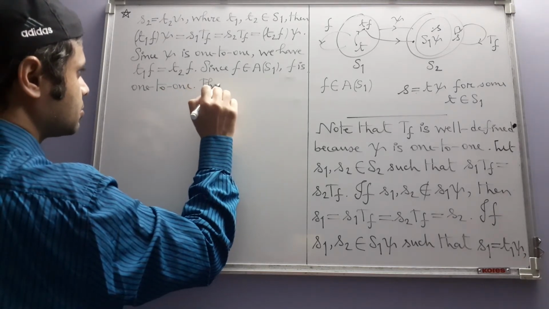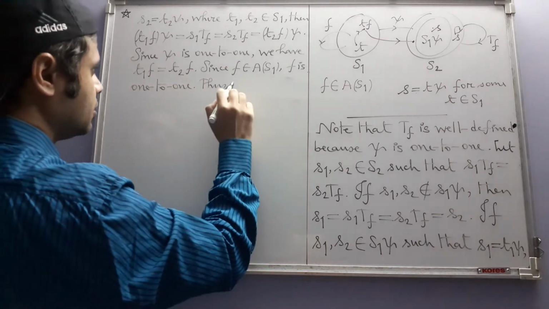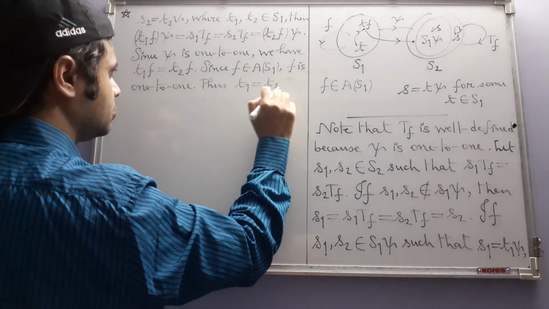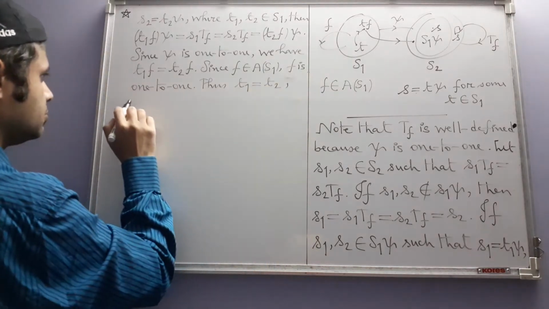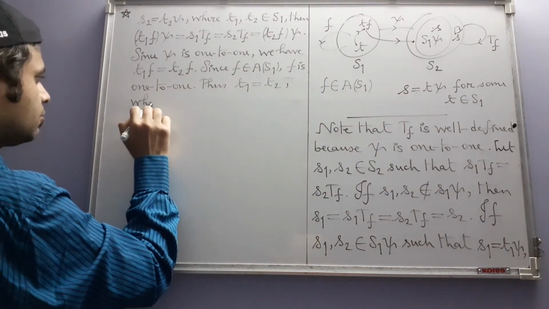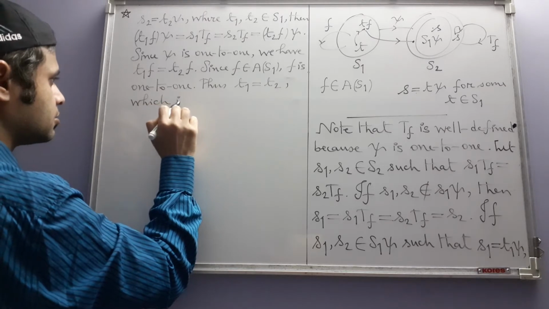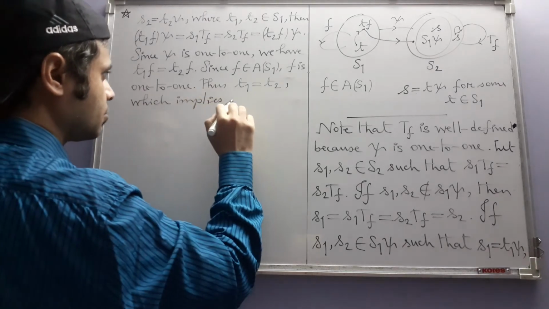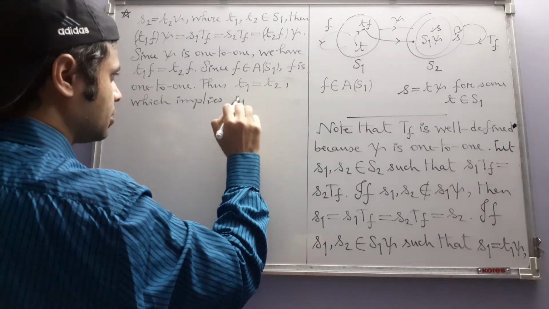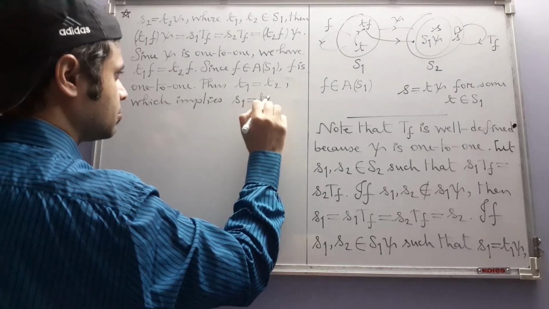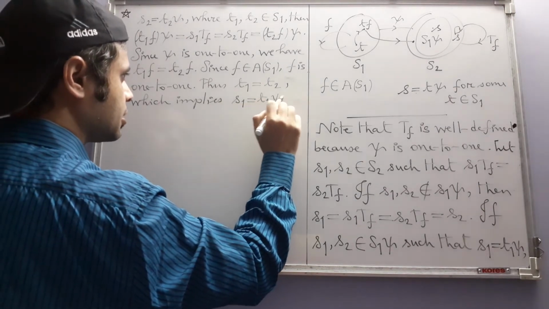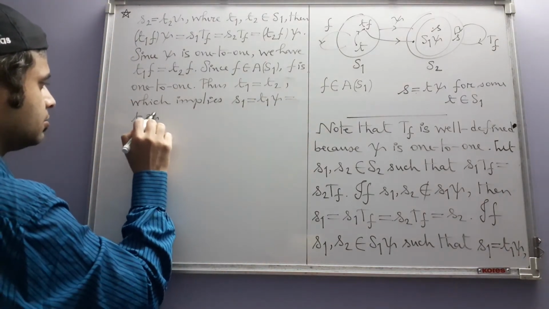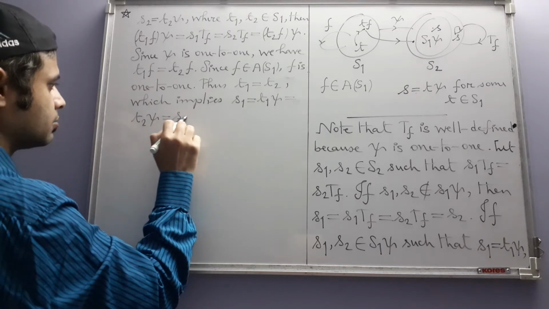Thus this last equation implies T1 equal to T2, which in turn implies S1, which is T1 psi, is equal to S2, which is T2 psi.